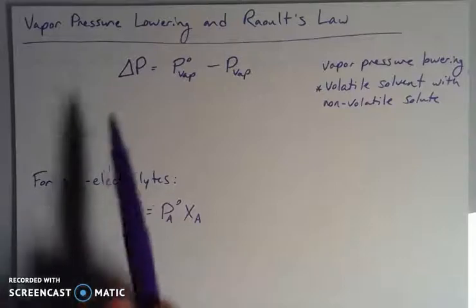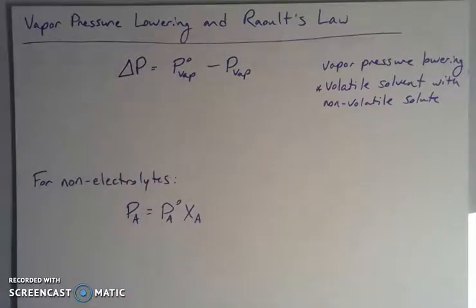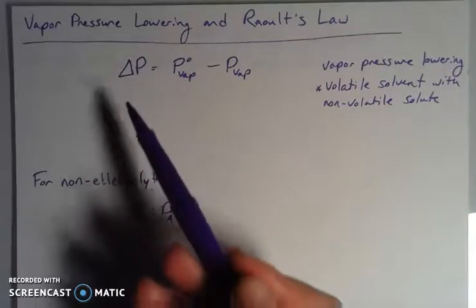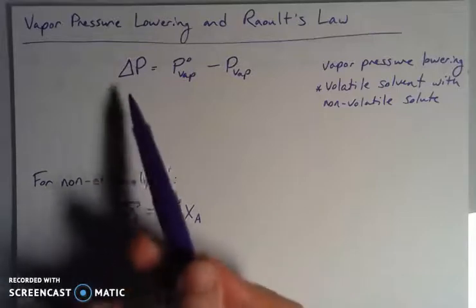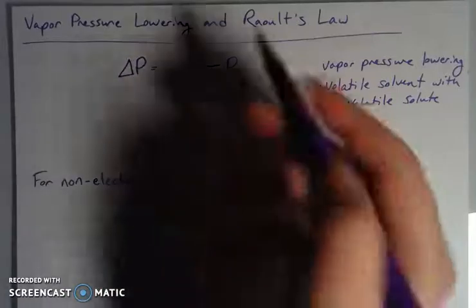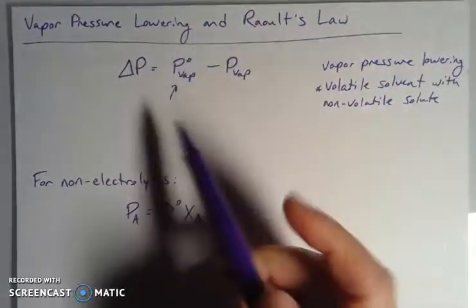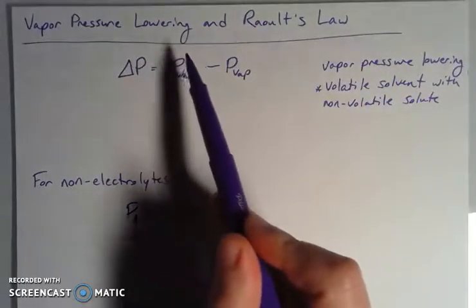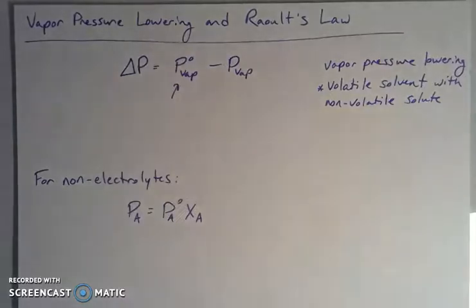Okay, so vapor pressure lowering, we usually will talk about it in terms of a change. So by how much is the vapor pressure going down? That's our delta P here, this vapor pressure lowering term. And the difference is between, here's the degree symbol, which indicates the pure substance.